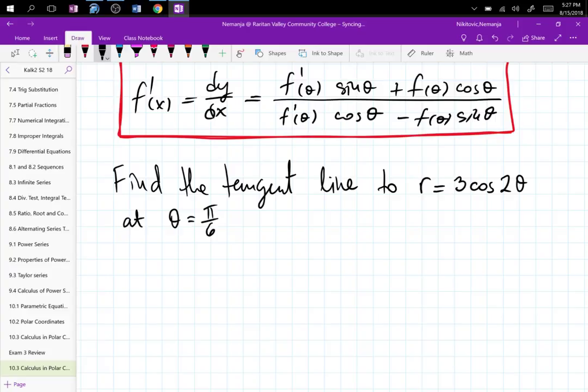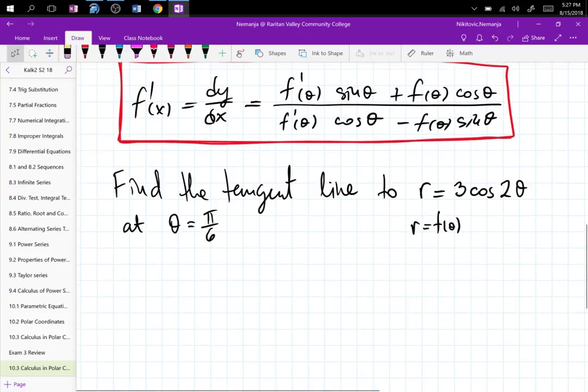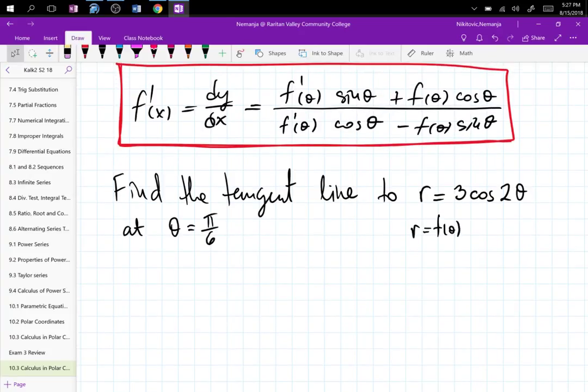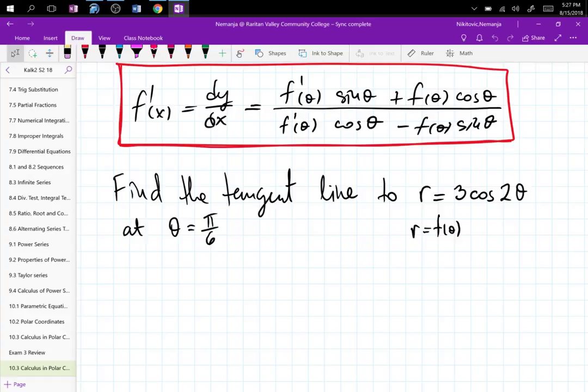There we go. So we have the equation, r equals f of theta. The procedure is the same. You have to find the derivative first, just crank this and then compute that at theta equals pi over 6.